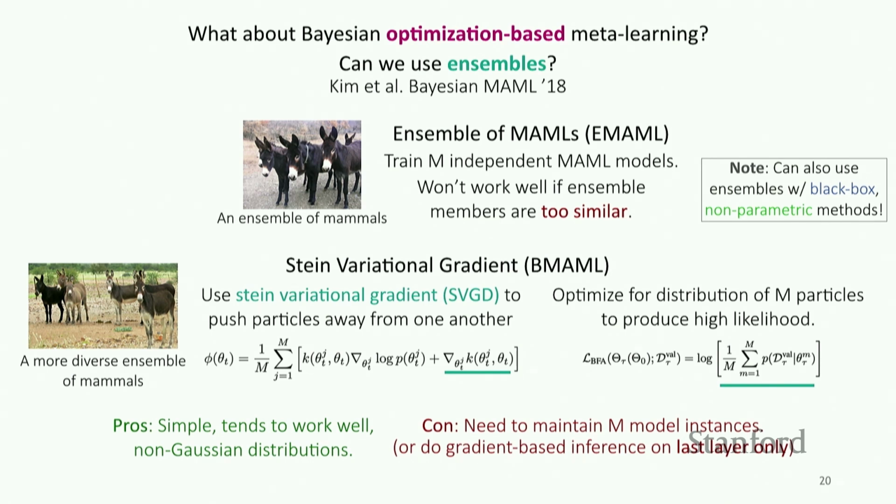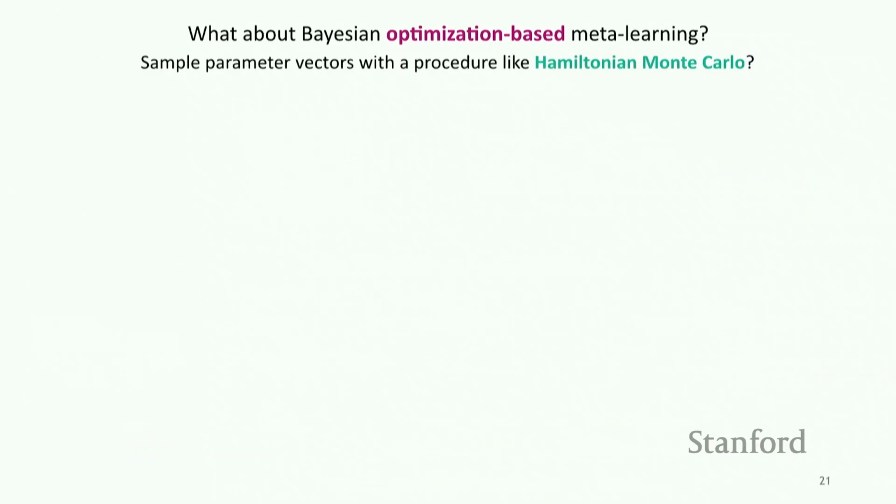Okay, so is there a way to try to get a non-Gaussian posterior over all the parameters without having to maintain separate model instances? This is the last approach that we'll talk about. What we'll try to do is sample parameter vectors at test time with a procedure that looks like Hamiltonian Monte Carlo.